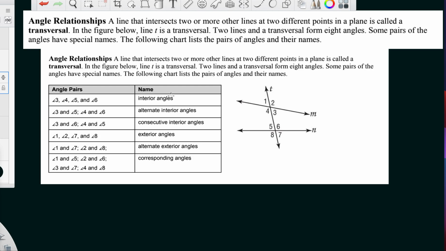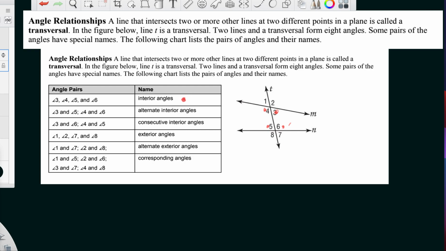We're going to have interior angles, right? All the interior, everything that's inside of the two lines. So 3, 4, 5, and 6. They're all interior, right?